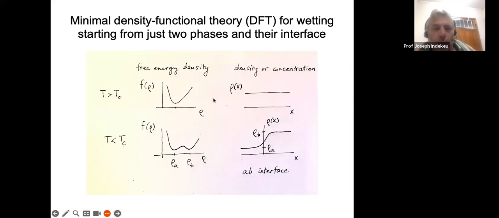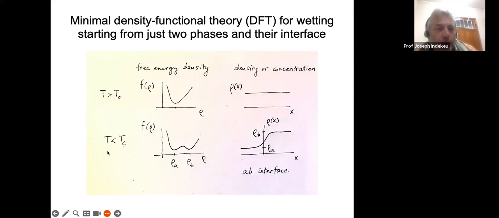Now, a homogeneous state with this particular choice of density would be stable, and it would just have a profile of density versus space that is constant. So this would correspond to a supercritical state or a single phase state.